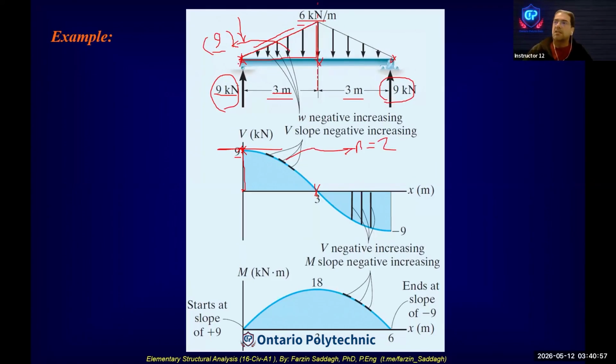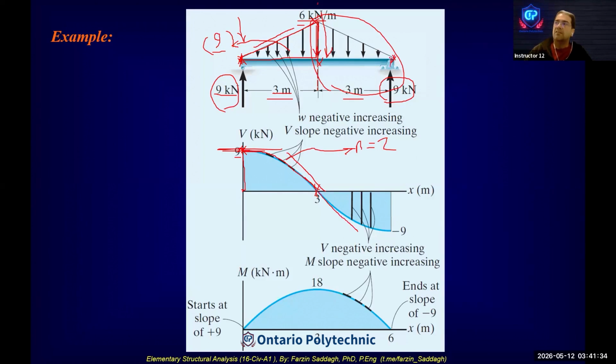Because shear here is 0, the slope here is 0, and shear is negative because it is downward, so we have a negative slope. The only curve we can draw is this one, starting from 0 slope to negative slope. Then for the second half of the beam, at the beginning we have a downward distributed load, so we have a negative slope.